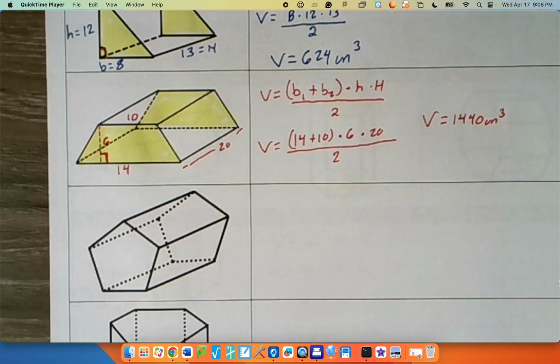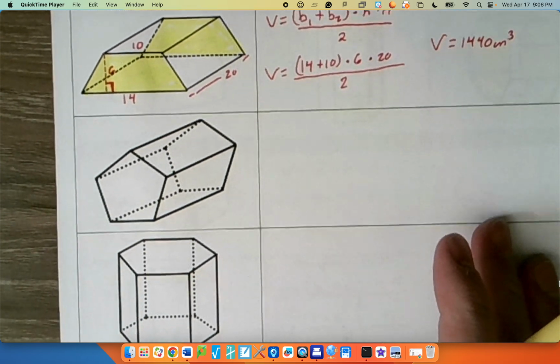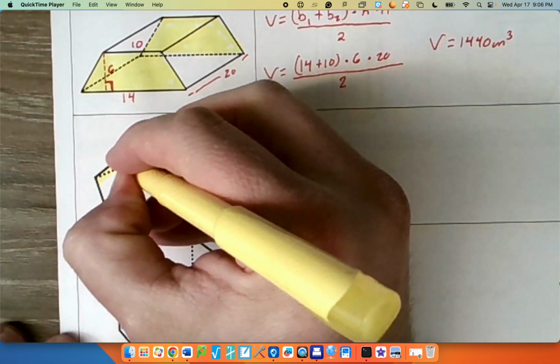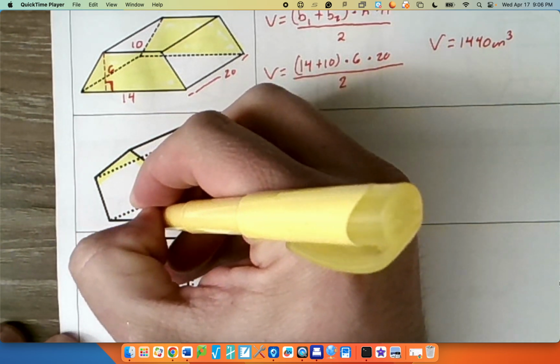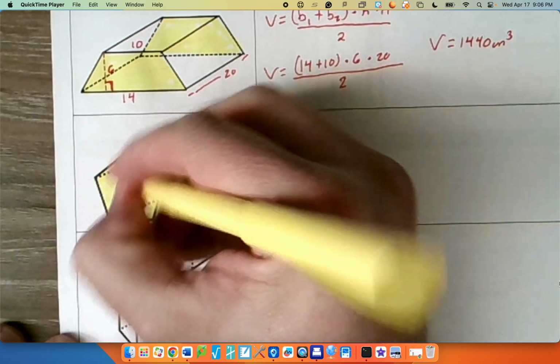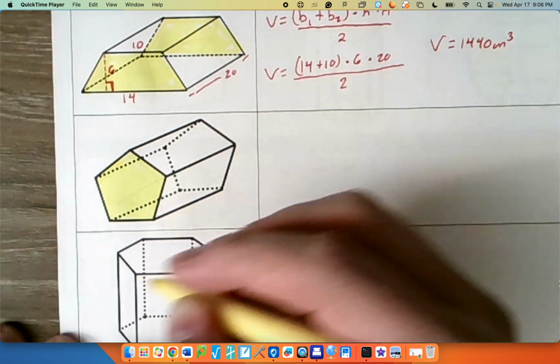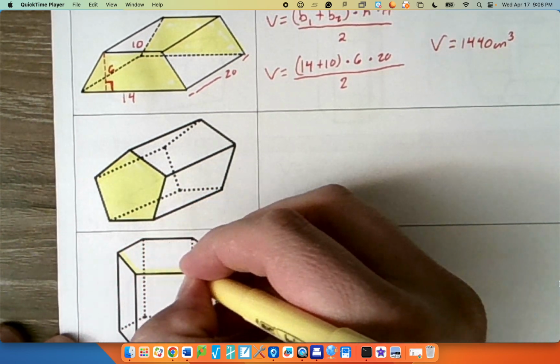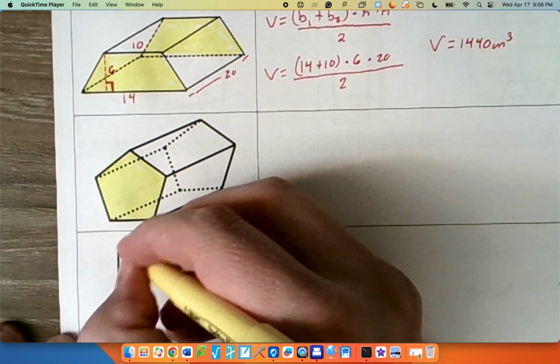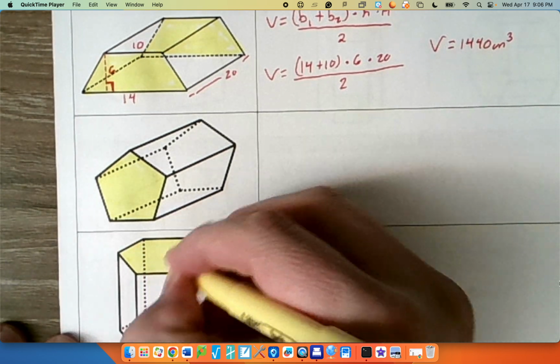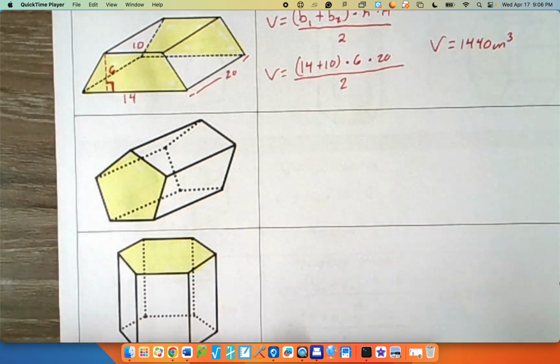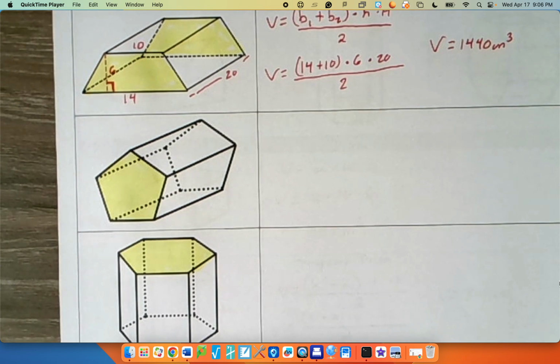All right, our last two on this page are two special prisms. One is a pentagonal prism. That's this first one right here. And this one is a hexagonal prism. We do not have a direct area formula for a pentagon or a hexagon.